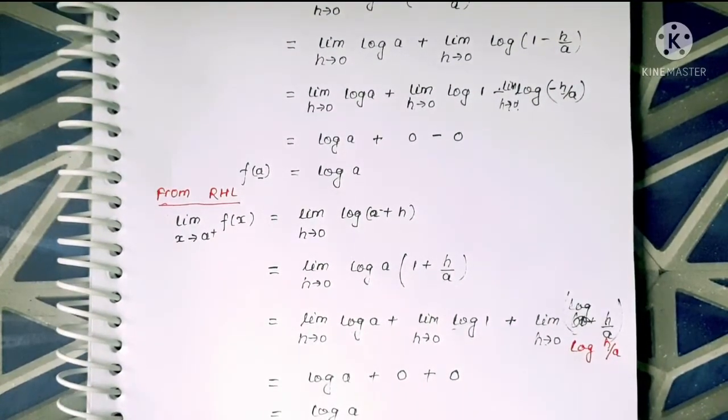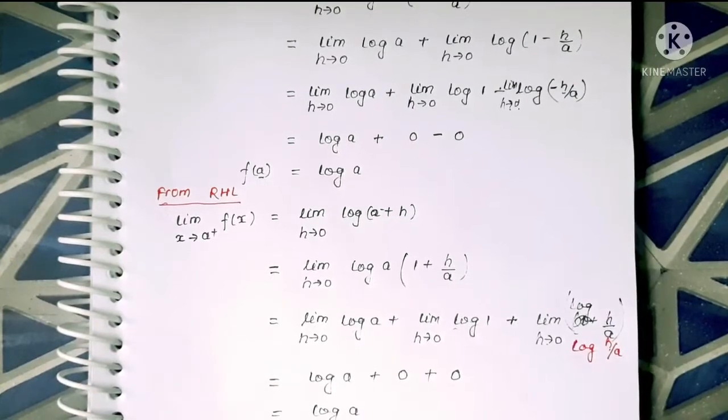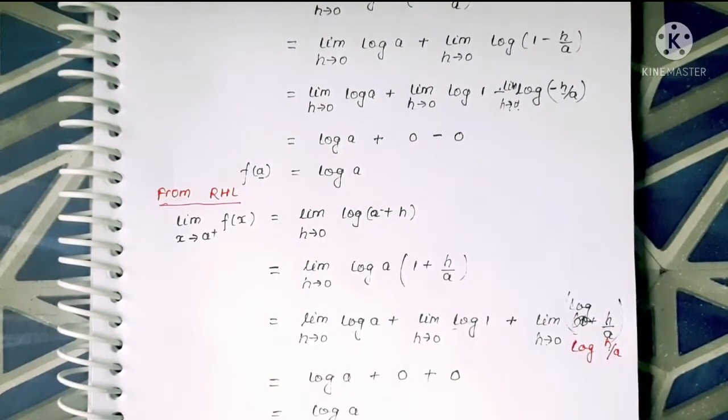So from the right hand limit and the left hand limit, both have log a, which is f(a), the value of the function at a. So the value of the function will also become log a.